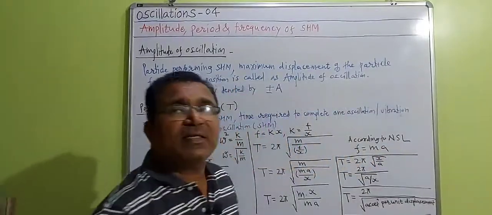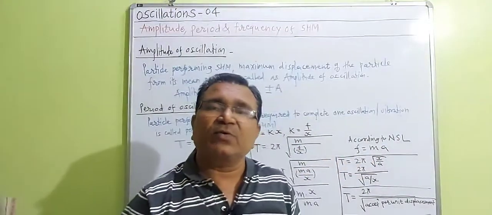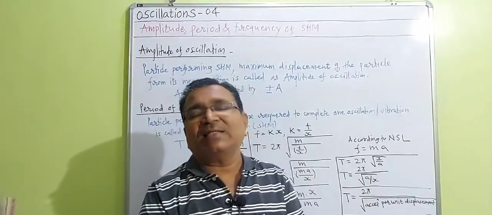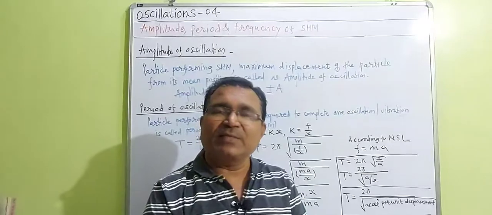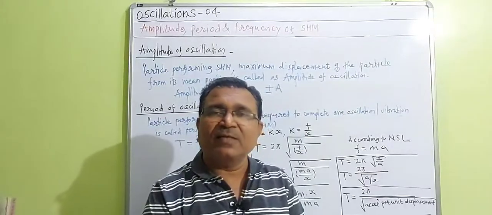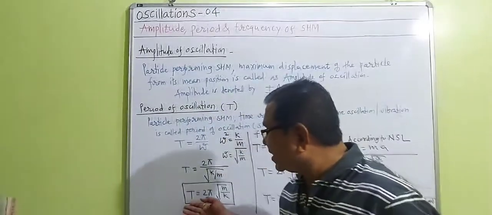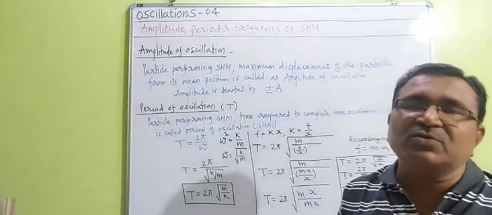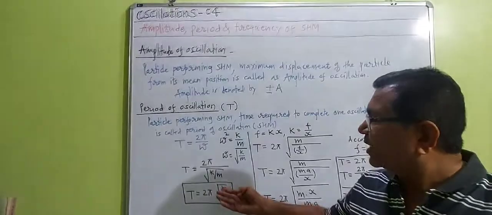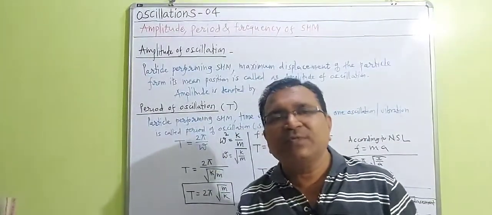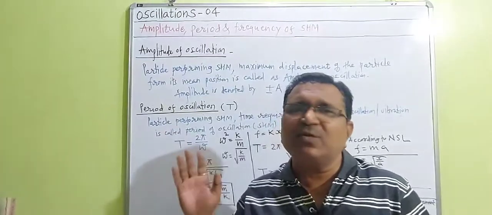This is the second formula, and the first formula we have already got: T is equal to 2 pi square root of m upon k, where k is called the force constant.